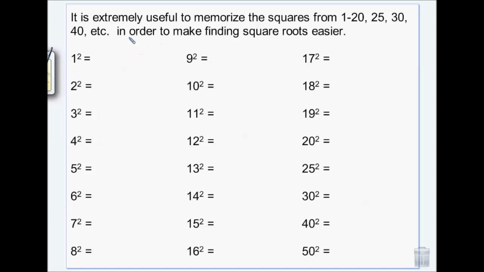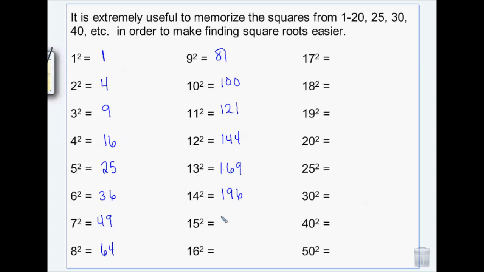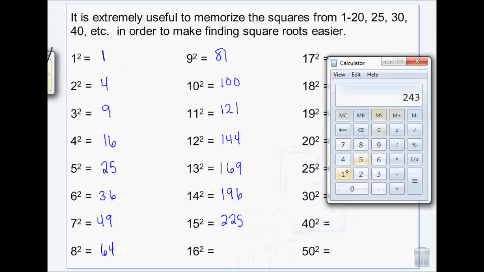For right now, we're just dealing with perfect ones. Okay, 1 squared, that one's easy, 1 times 1. These are the ones I always forget.